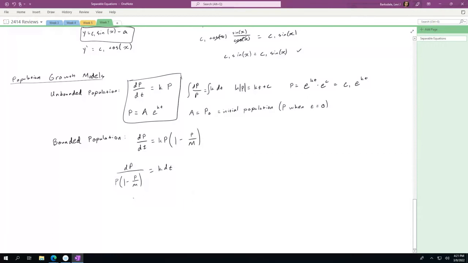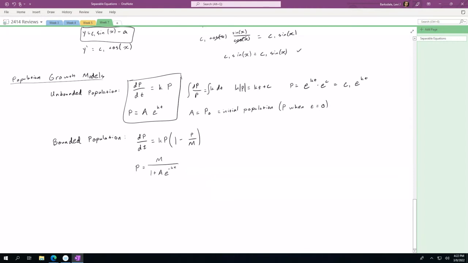If you so desire, you can do it. I'm not going to work it out here, though. Essentially, what we get as our closed form is that our population is equal to our maximum population divided by 1 plus A e to the negative kt.